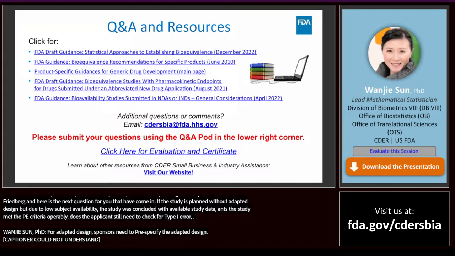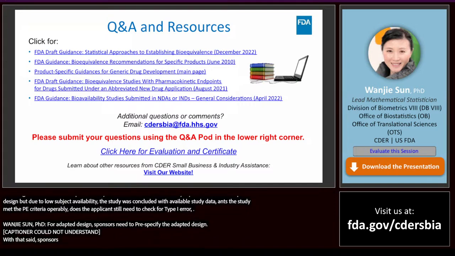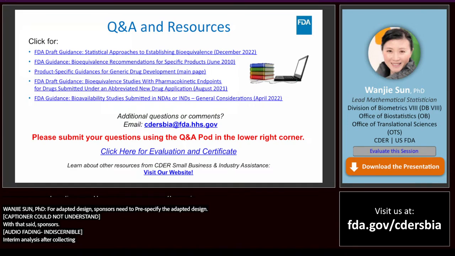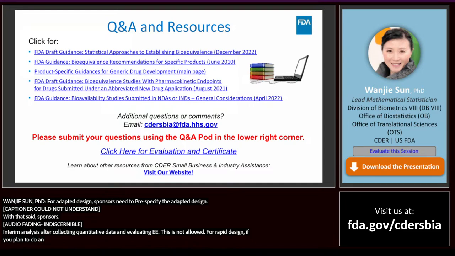With that said, the sponsors are not supposed to do an interim analysis after collecting just partial data and evaluate bioequivalence. This is not allowed. For an adaptive design, if you plan to do an interim analysis, as we said, you need to pre-specify that. I hope that addressed the question. Thank you.